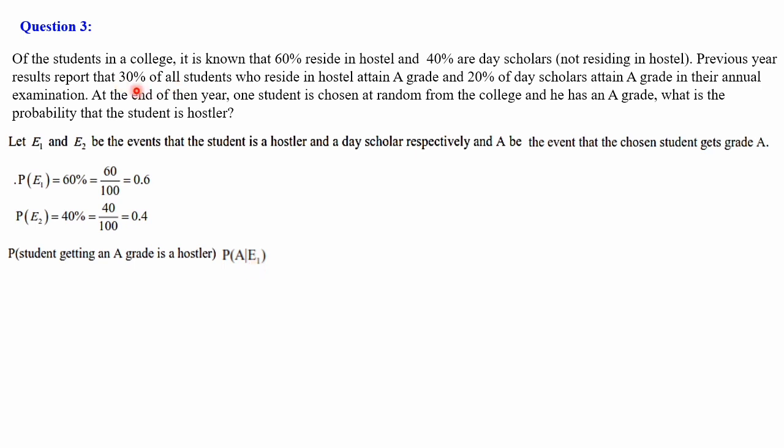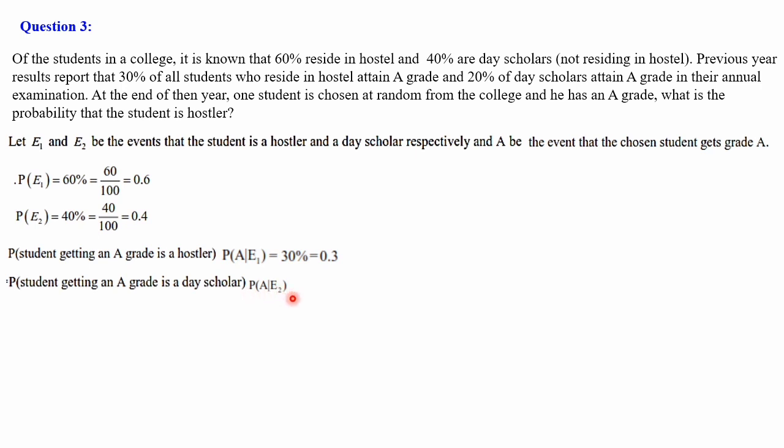That is 30%, that is 30 by 100, 0.3. Next is the probability of a student getting an A grade given that the student is a day scholar. That is P of A given E2, meaning the probability of getting an A grade student given that he or she is from the day scholars list.